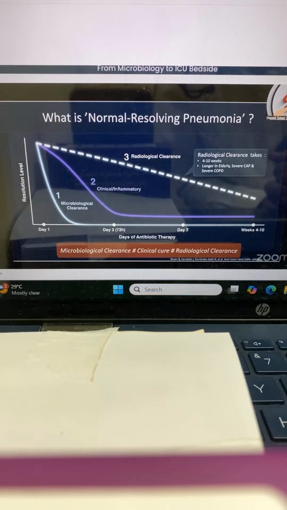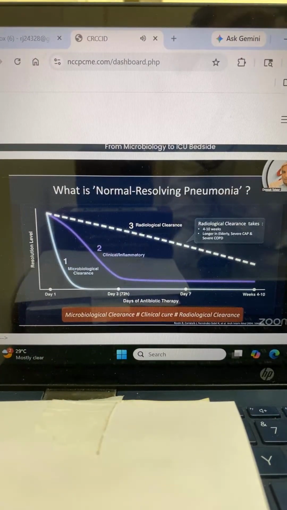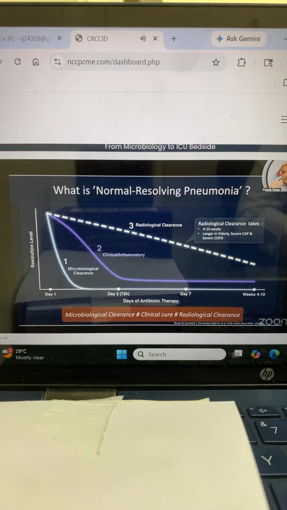So what is this so-called non-resolving pneumonia? For that we need to understand what the normal resolution is. The first resolution is microbiological, where the bacteria are eliminated. Once the microbiological load decreases, the second resolution comes in the clinical and the inflammatory markers. Radiological clearance is always the last to happen, and it normally takes 4 to 10 weeks.